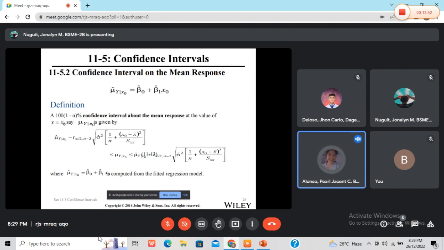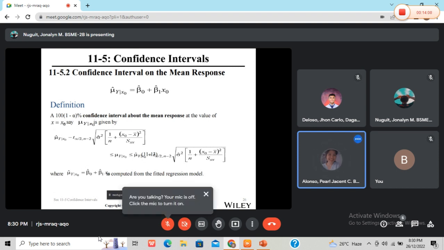It can be stated that mu hat sub y given x sub 0 is equal to the addition of beta hat sub 0 and beta hat sub 1 times x sub 0, where it is computed from the fitted regression model. We'll go next.